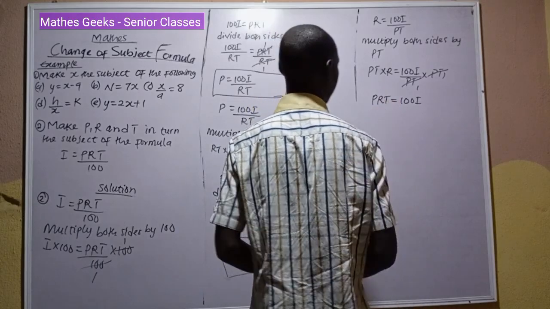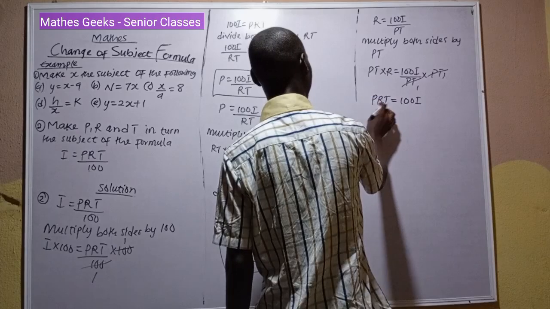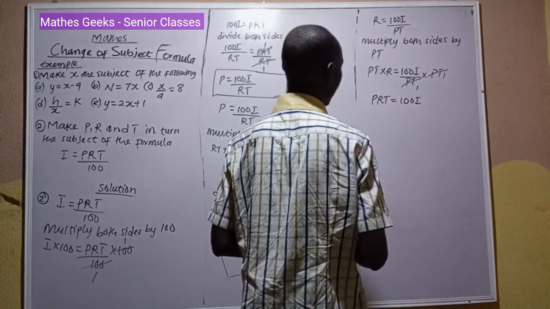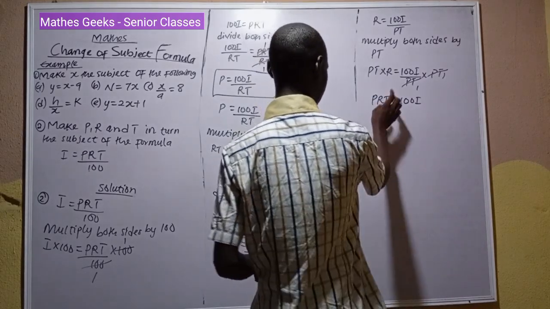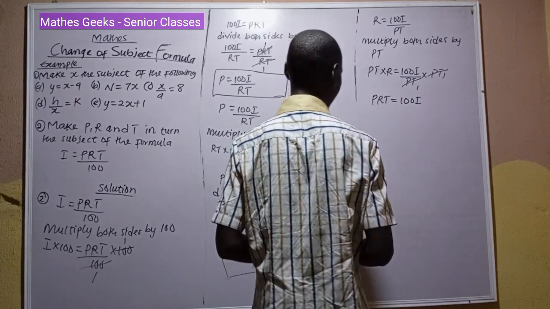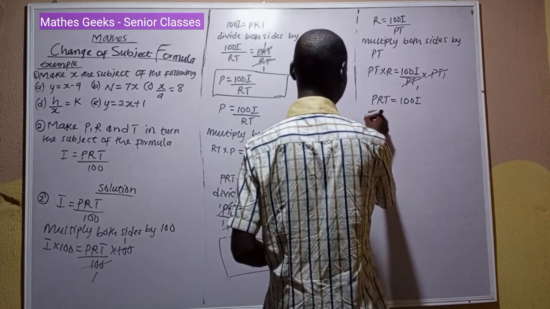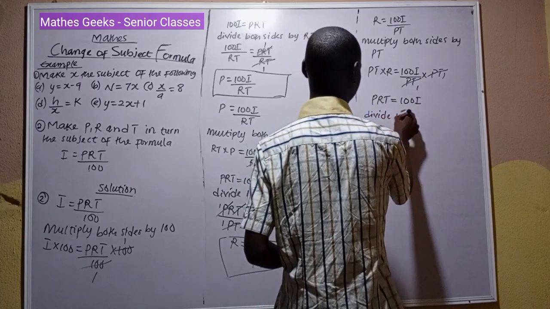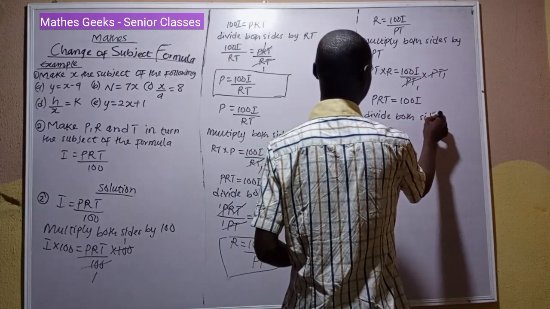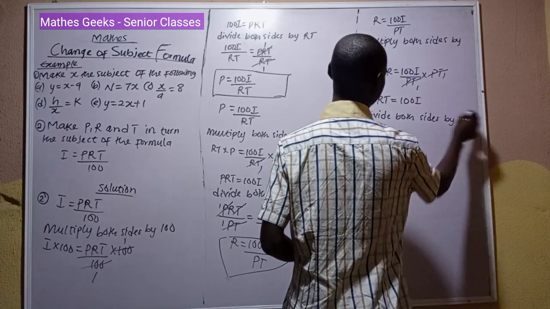So what are we making the subject of the formula? It is the letter T. In order to do that, we want to get rid of, or eliminate, PR from T. And take note the relationship is multiplication. The opposite of multiplication is division. So say divide both sides by PR.